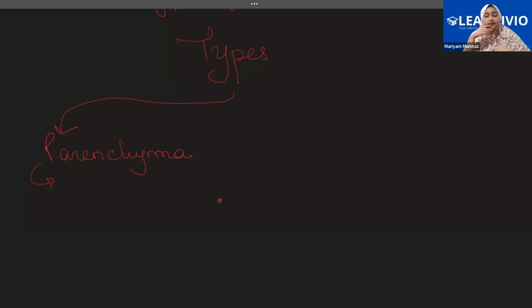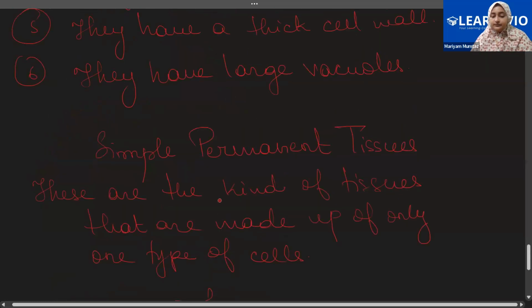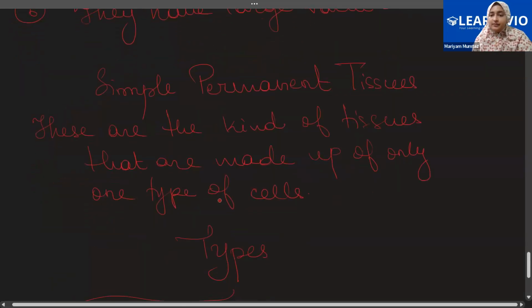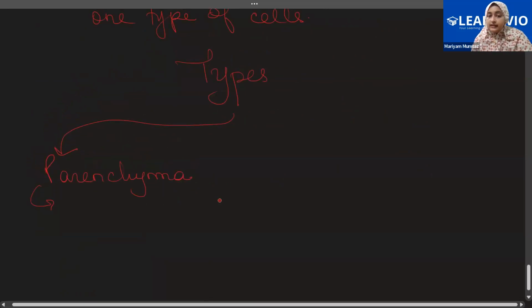Storage of food is one of the biggest functions of the parenchyma. Clear to everyone? Yes, ma'am. Any doubts up until now? No. Ma'am, also photosynthesis. Yes.